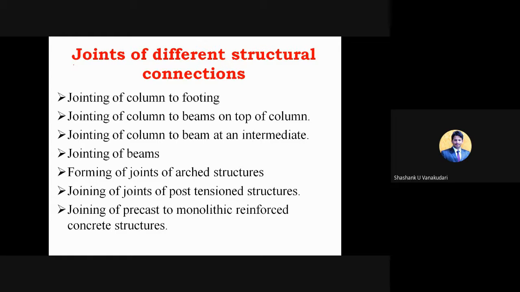So you have seen various structural components like beams, columns, slabs, footings, and all. We need to connect from one member to the other member. So in various aspects, various joints will come.